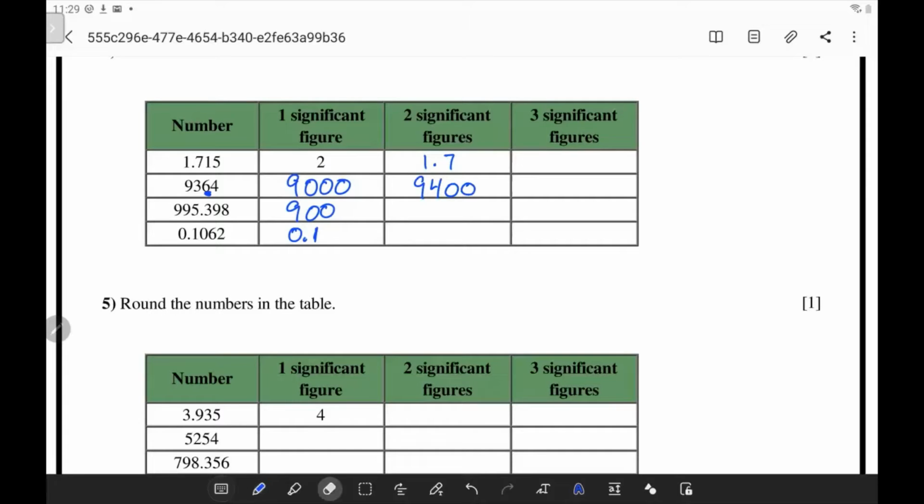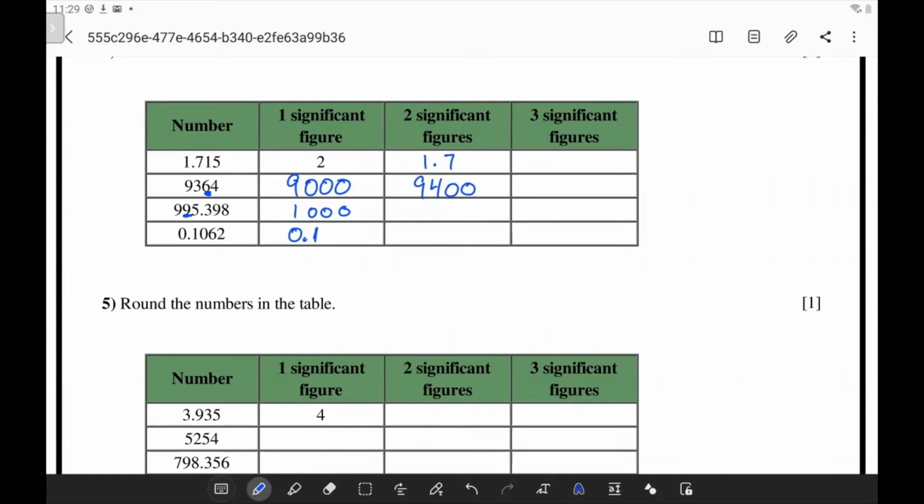This one here would not be 900, right? It would be 1,000, because this number here is bigger than or equal to 5. It's the same rounding off as we did before, the same idea.